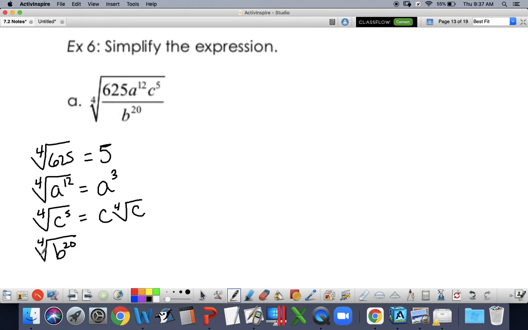And then the 4th root of b to the 20th is b to the 5th. So when we come back and we put all of this together, if it started in the numerator, it ends up in the numerator. If it started in the denominator, it winds up in the denominator. So I have 5a cubed c 4th root of c all over b to the 5th power.